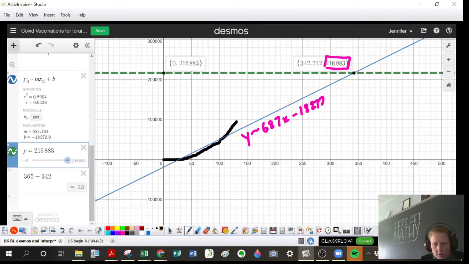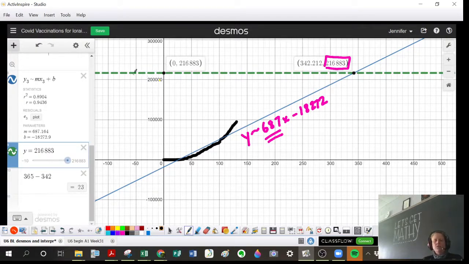So again, that b value doesn't make a ton of sense in the context of this, but that slope sure does, right? Because this is a running total. So every day, that running total increases by 687.